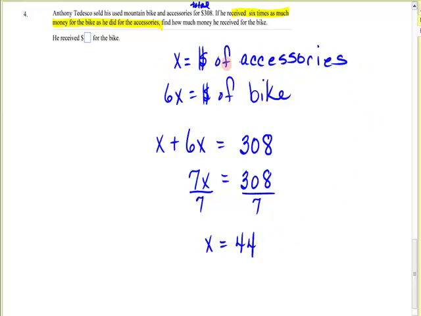X is the accessories. The bike is 6x, so it's 6 times 44, which is 264. Now, this is the only problem that's like this. It says he received blank dollars for the bike. It doesn't want both. All it wants is the $264 that he got for the bike.